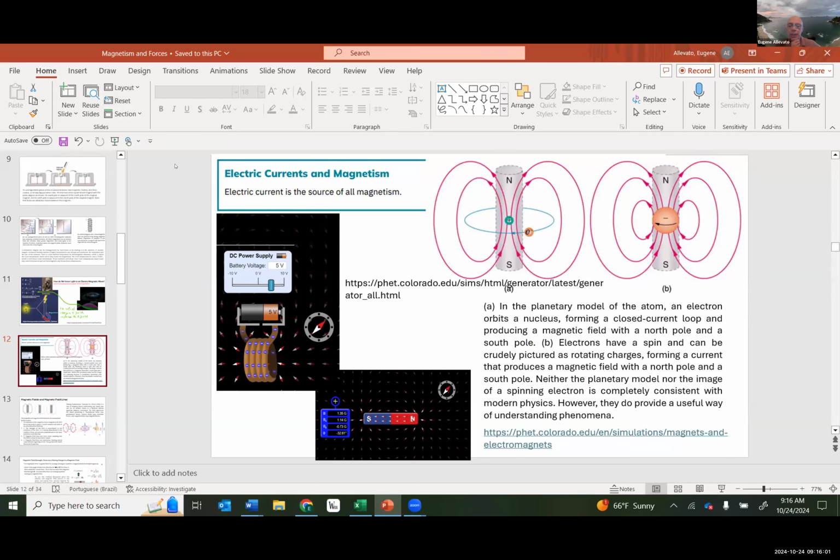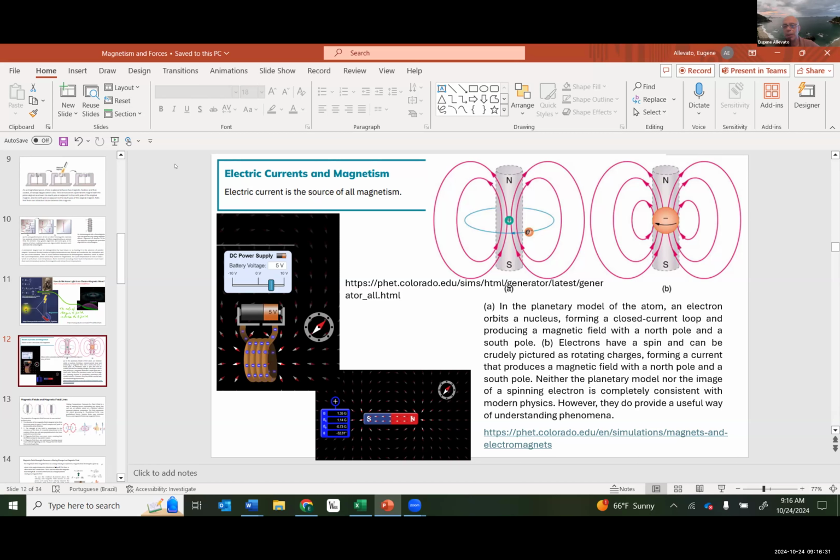So one thing that is important to remember is that the atom itself, as we discussed when we were talking about semiconductors, has a spin, right? It's not necessarily that the atom is rotating along some axis, but that is the classical way of thinking.